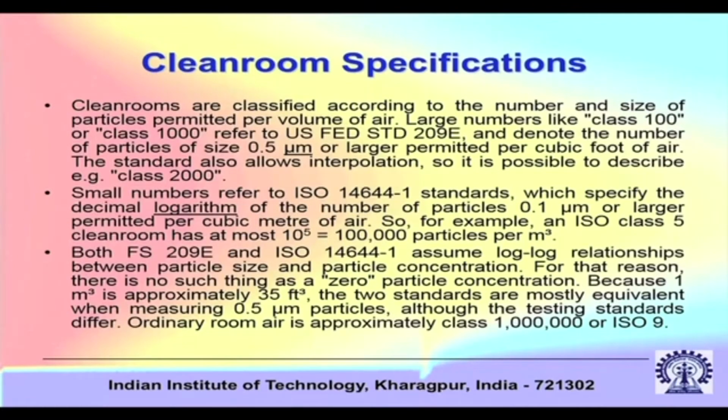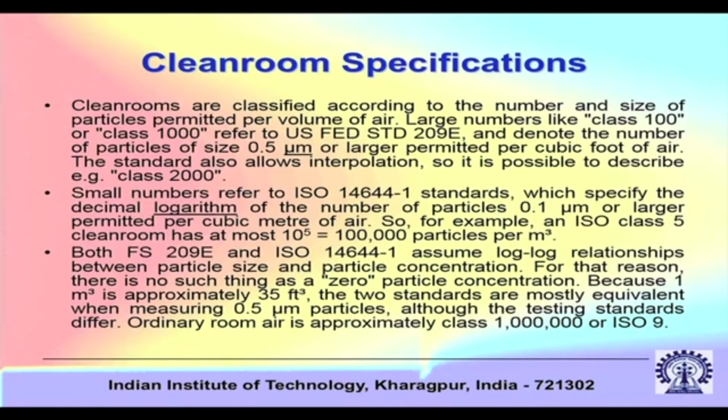So clean rooms are classified according to the number and size of particles permitted per volume of air. Large numbers like class 100 or class 1000 denote the number of particles of size 0.5 micron or larger permitted per cubic foot of air. Okay.